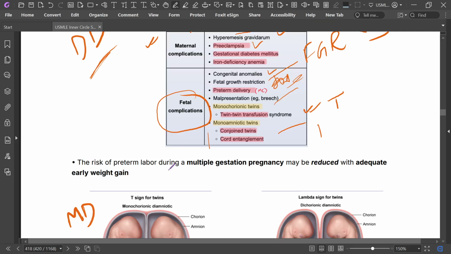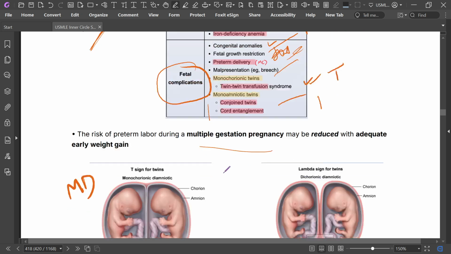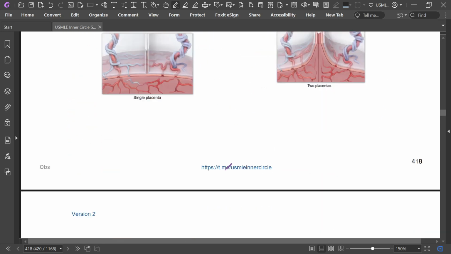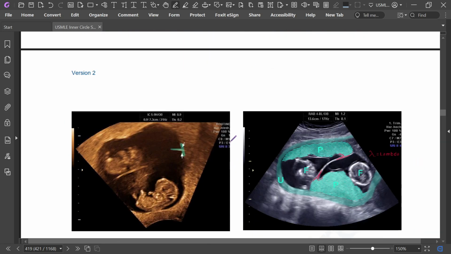The risk of preterm labor during a multiple gestation pregnancy may be reduced by adequate early weight gain. So this is ultrasonography.